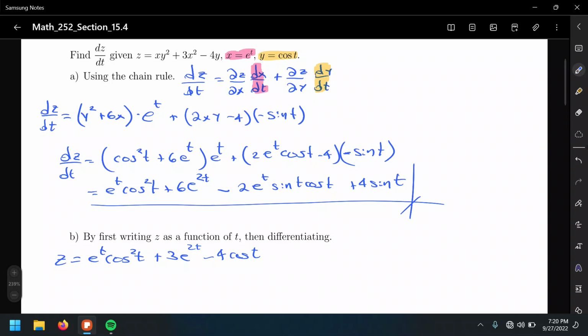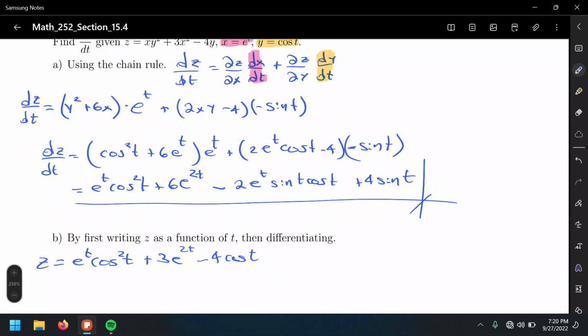So notice in this case, our function z does not have more than one variable. It only has one single variable. So basically, this is a calc 1 type of problem that we're going to do. Take the derivative. That's why the notation for our derivative is an ordinary derivative and not a partial derivative. So let's take the derivative.